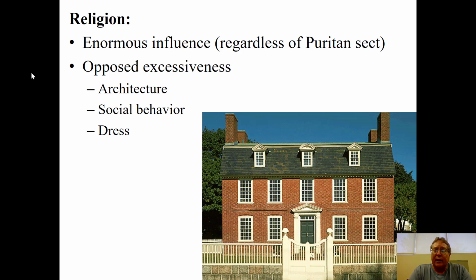We know that because of who owned the house, right? We have the records from the period. But just looking at it, we can actually tell it's a wealthy person's house because it has so much brick and so much glass. Both of those things have to be imported from England. They're not made in the New England colonies. So you have to be really wealthy to afford this house.